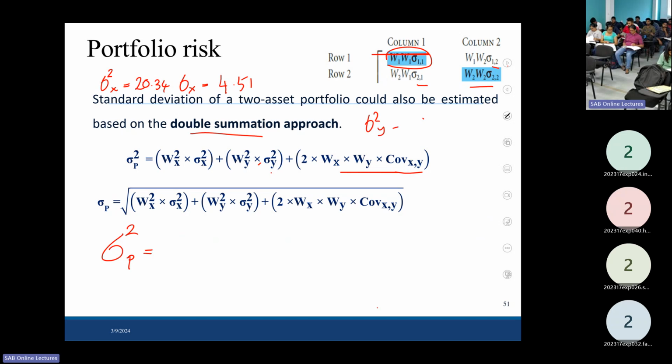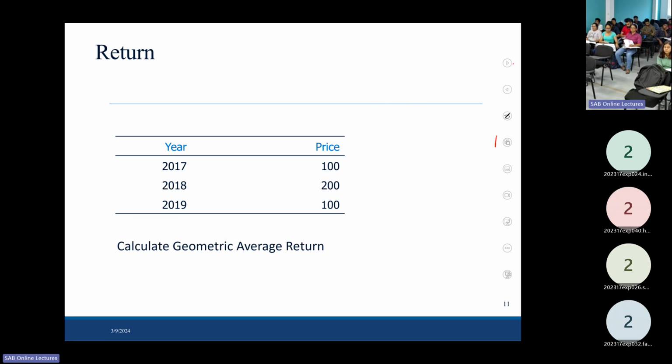The variance of y is 21.85, standard deviation of y is 4.67. Apply the formula.